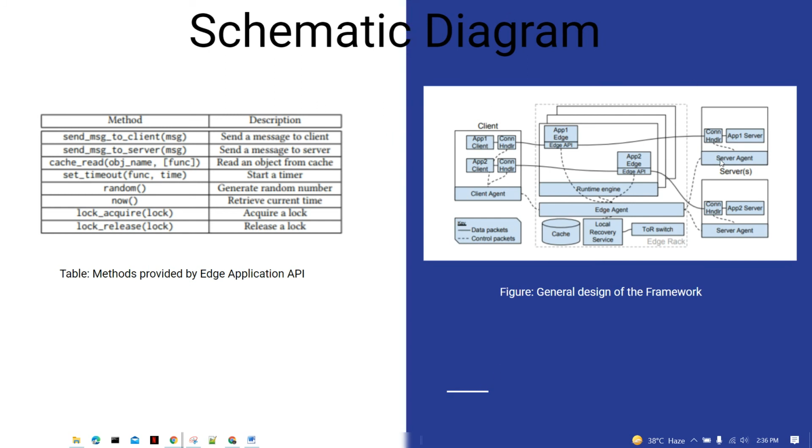Now let's go to the client and server platform. There is very little difference between client and server. A host, either client or server, is just an application running on top of the host platform, which manages communication with the edge. The host platform consists of a host agent and a connection handler. The host agent is responsible for edge discovery, establishing a session with the edge, and its management.